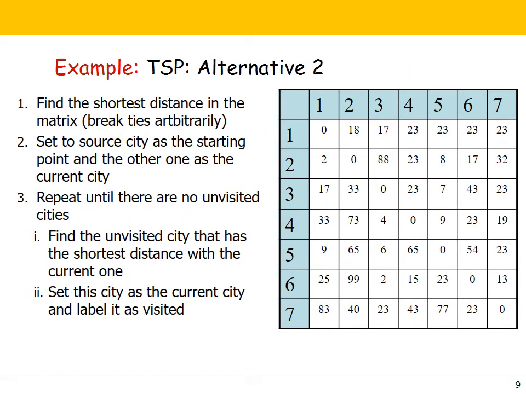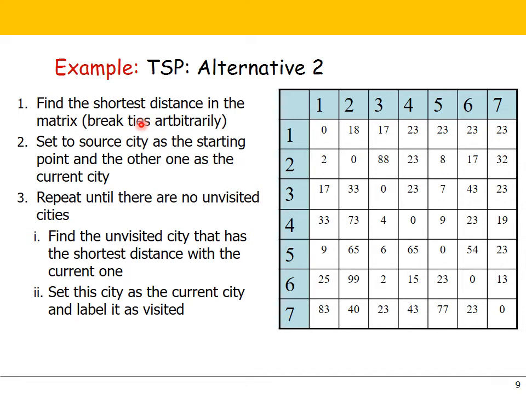This is basically the same question and the same algorithm, but there is just one difference. In step 1, instead of selecting one of the cities randomly, now we find the shortest distance in the whole matrix.